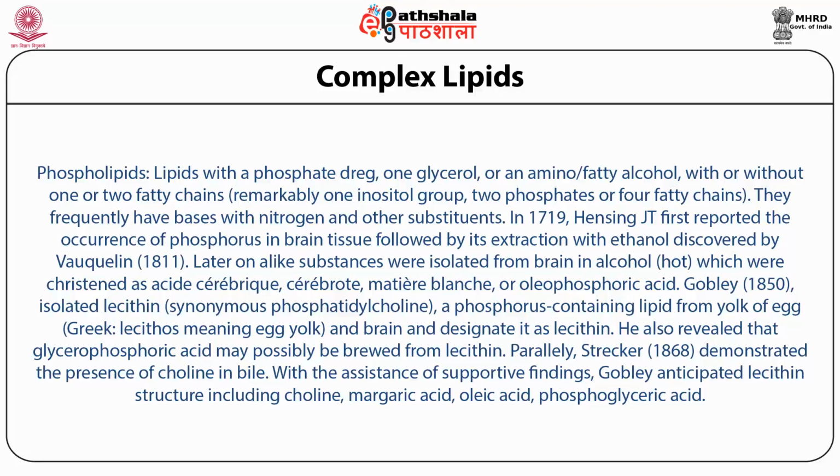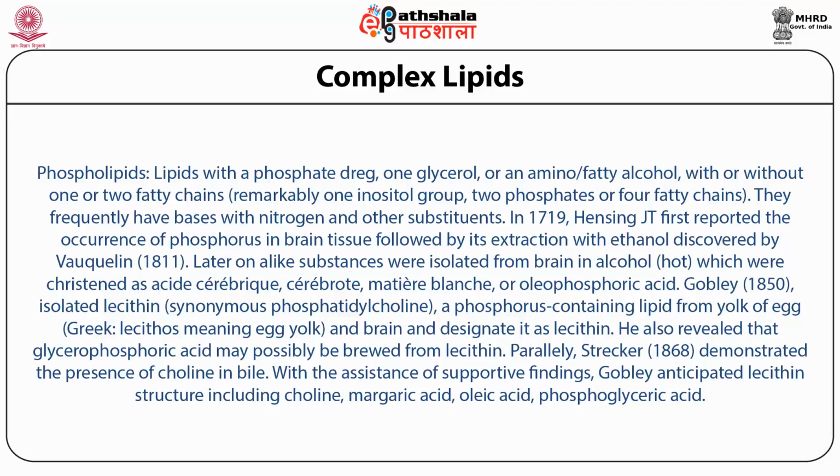Gobley in 1850 isolated lecithin, which is synonymously known as phosphatidylcholine, a phosphorus containing lipid from yolk of egg and brain, and designated it as lecithin. In Greek, lekithos means the egg yolk.